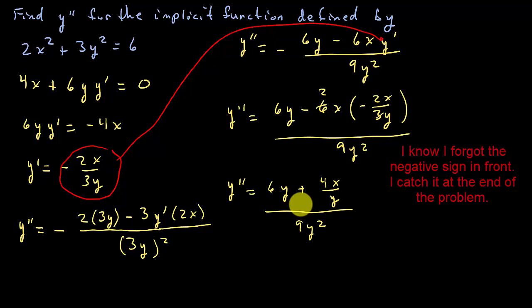So what I'm going to do is I need to multiply everything by the common denominator. See, look at this as being over 1 and this as being over 1. So I'm going to multiply each term by y. And that is going to give me 6y squared plus, what is that, 4x.